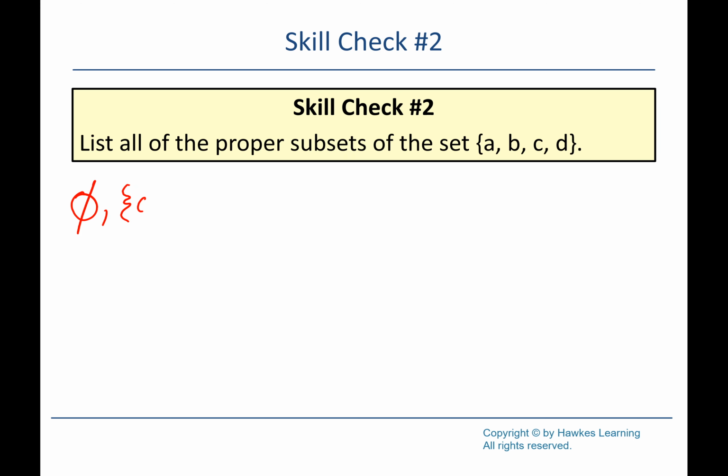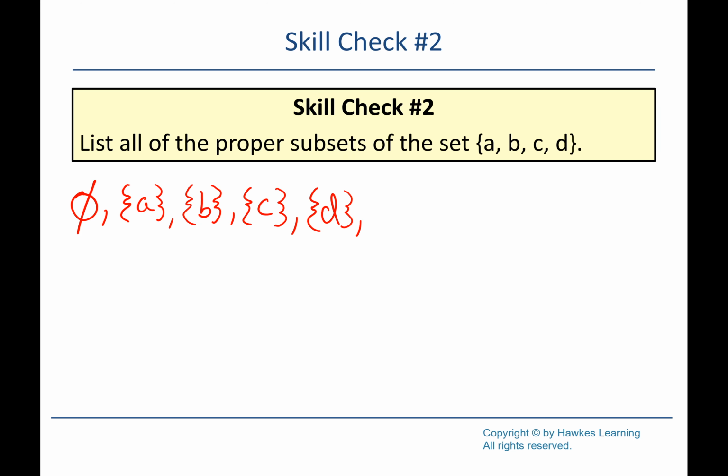We have A by itself, B by itself, C by itself, and D by itself. My brackets are already getting pretty bad, and they'll get really messy by the time we finish. Those are the 1-element subsets.